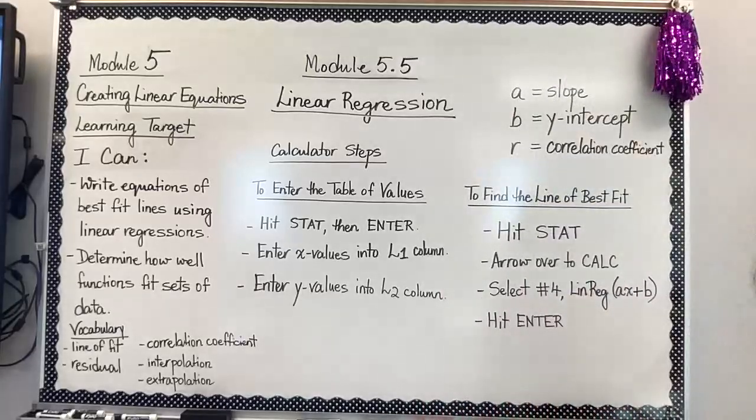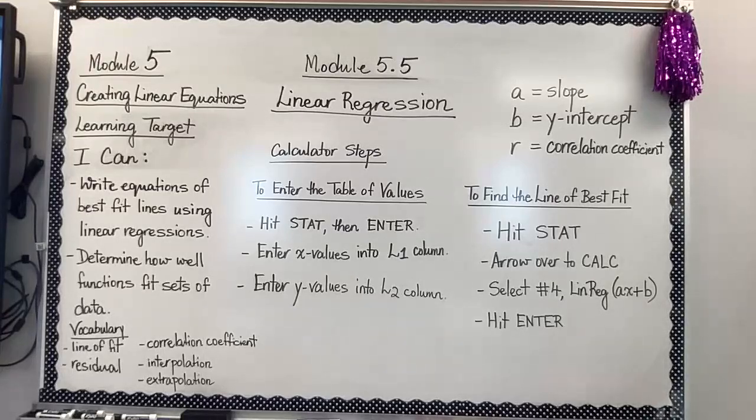So let's quickly talk about the best fit line. A calculator can find the line that most closely approximates data in a scatter plot, and that is called the best fit line.